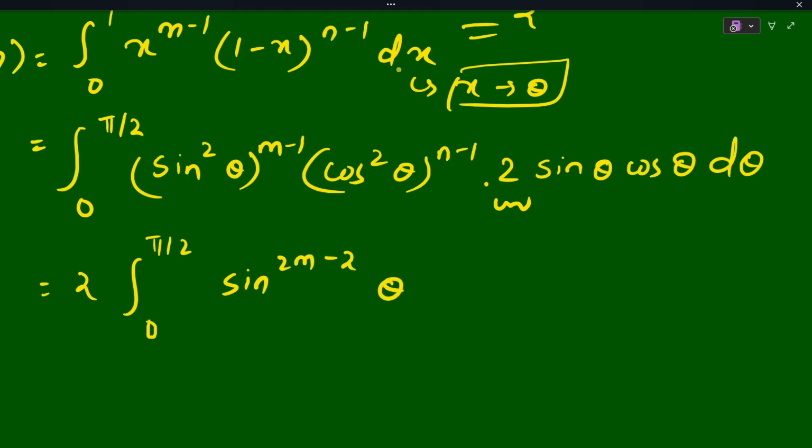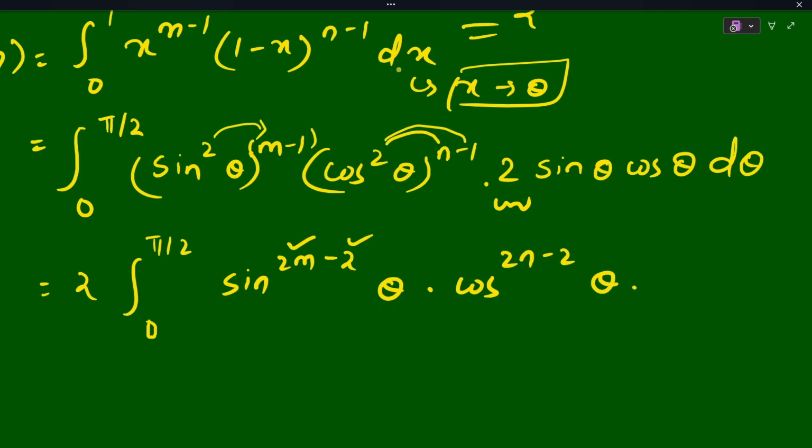How did this happen? It is sine square theta whole to the power m minus 1, so this 2 is multiplied with m minus 1, so it would be 2 into m, that is 2m, then minus 2 into 1, that is 2. Similarly for cos square theta, the 2 will be multiplied here again, so this power would be cos 2n minus 2 theta.